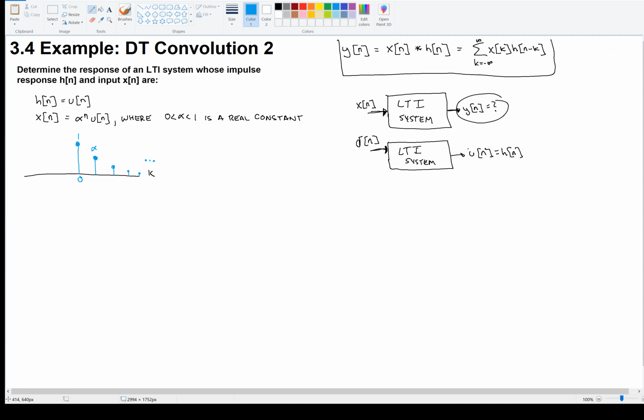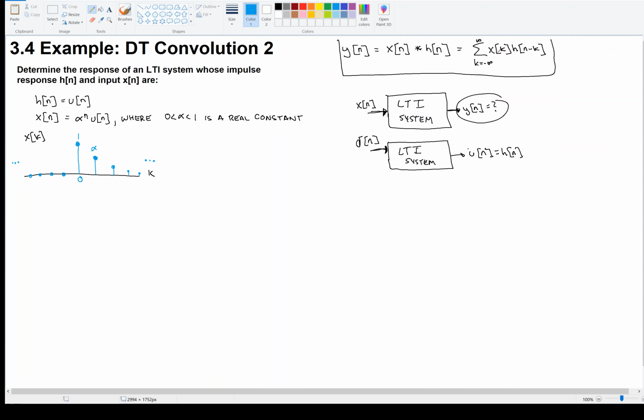Now to the left of 0, because of the unit step, I've got exactly 0 over here. Okay, so this is my plot of x of k. All I'm doing is calling the n's k's. You can call them whatever you want. But I see that in the convolution sum, the x appears with k, so that's why I'm choosing to do this.